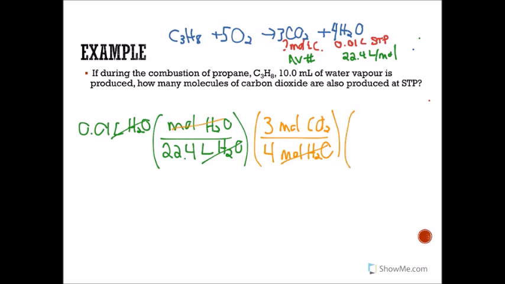Our moles of water cancel off, and we're left with moles of carbon dioxide as our units, but we don't want it as moles of carbon dioxide, we want it as molecules. Remember, there is a difference there. We need to convert using Avogadro's number, so 6.02 times 10 to the 23 molecules of carbon dioxide over a mole of carbon dioxide.